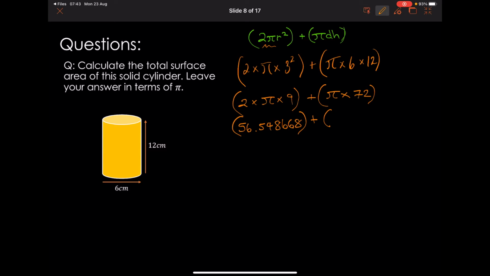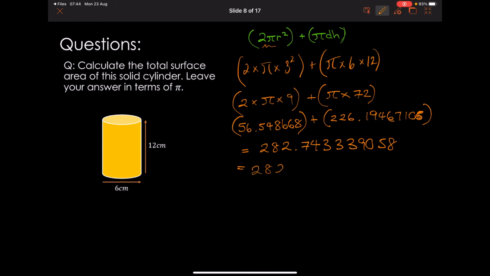Plus, and then I'm going to do pi times 72, which equals 226.19467. Let's round there. Okay, and then I'm just going to add those both together. I'm using some of the longer numbers for now, and then I'll round right at the end. If I add them both together, it gives me 282.743339058.